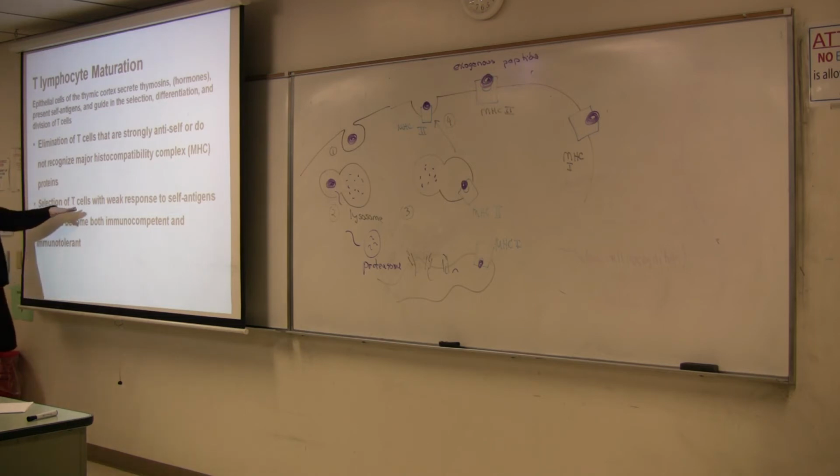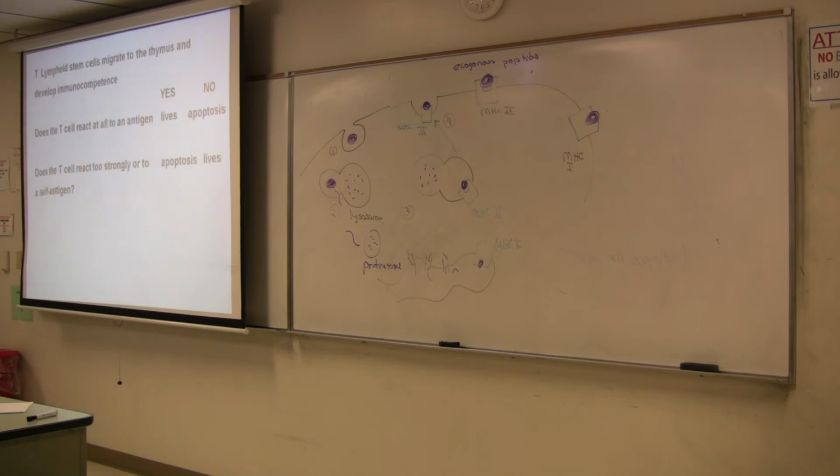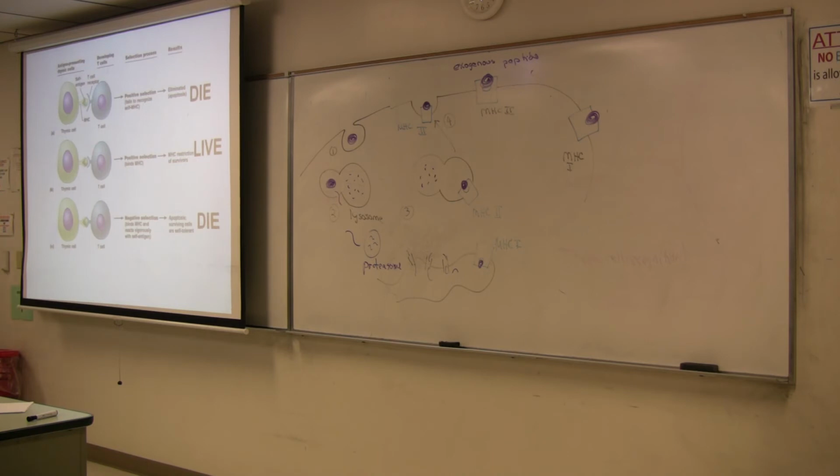The next step is if they respond weakly to MHC1 molecules that have self-antigens, they're allowed to live. If they respond strongly, vigorously, we don't want them. That would cause an autoimmune disease. All right? So this kind of explains this view.